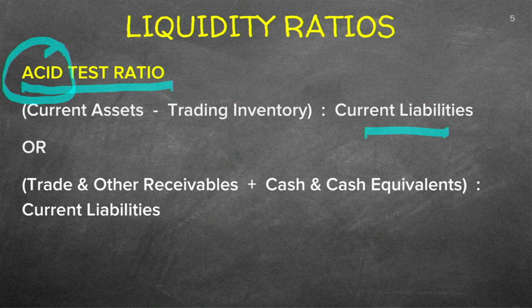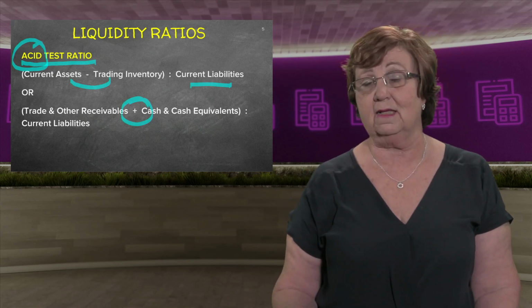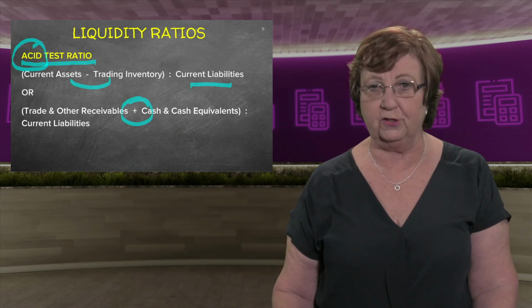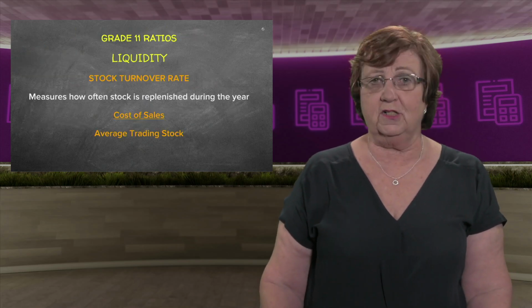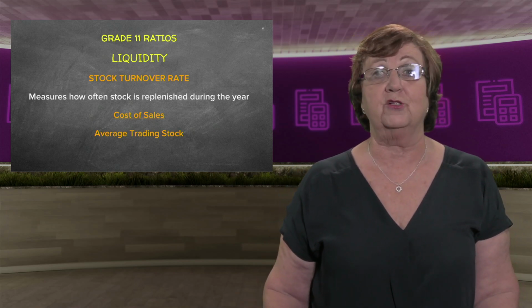An alternative to current assets minus trading inventory would be trade and other receivables plus cash and cash equivalents as to current liabilities. That measures: can I pay my current liabilities with my current assets minus my trading inventory?